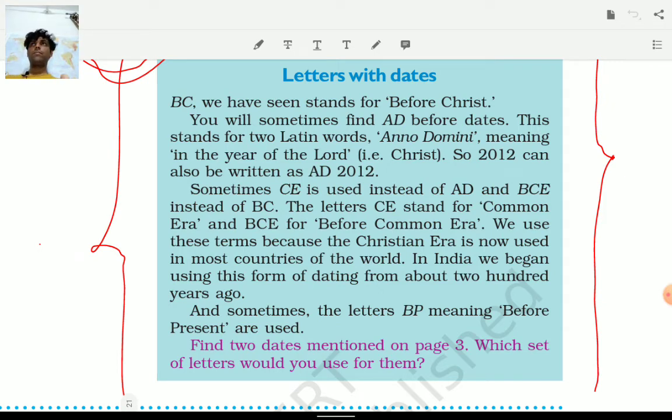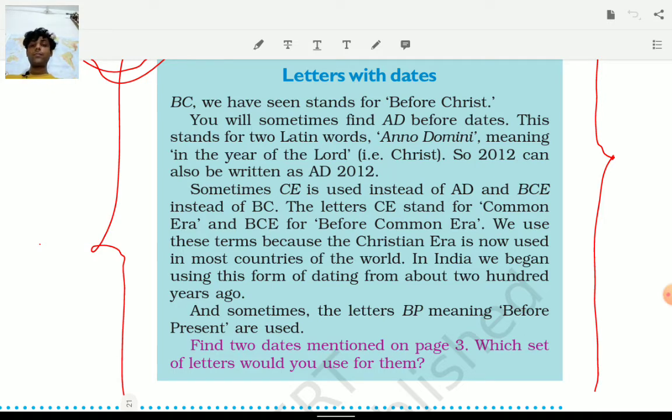So if I want to mention a date like 2022, I can write it as AD 2022. So this is how I'm going to mention it: when ahead, then AD; if before, then BC, meaning Before Christ or Anno Domini.